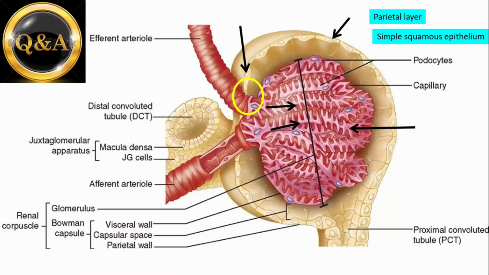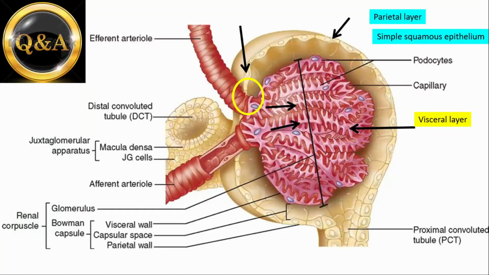And at the tip of this arrow you can see that there is a central process and branching from the central process to cover capillaries, and this is the visceral layer of Bowman's capsule.